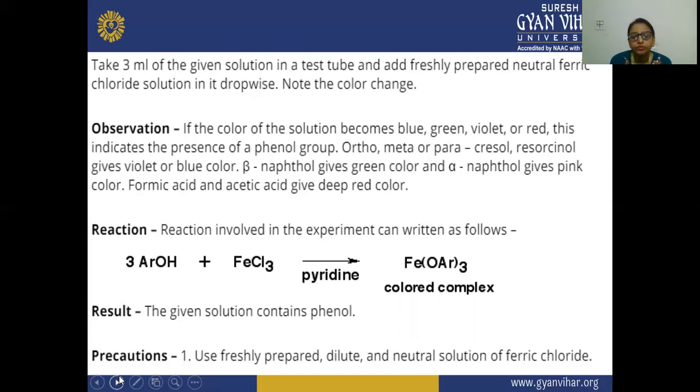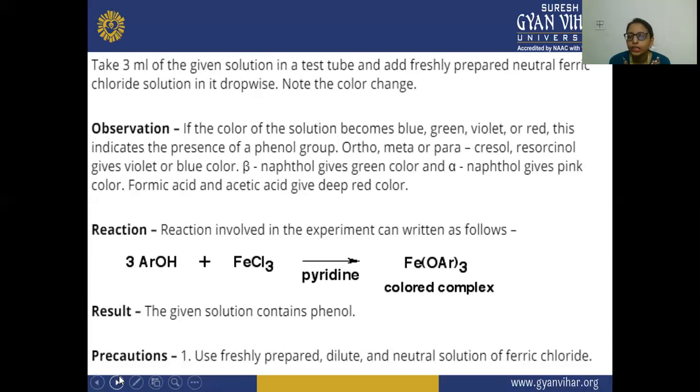So the reaction involved in the experiment can be written as 3 ArOH, which is your phenol, reacting with FeCl3. The ferric ion reacts with the phenol and forms a colored complex.